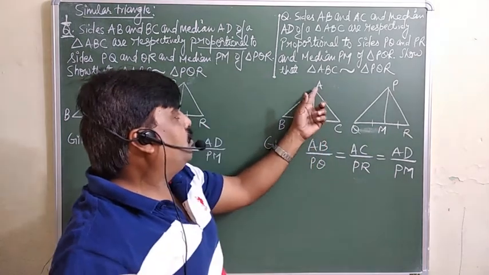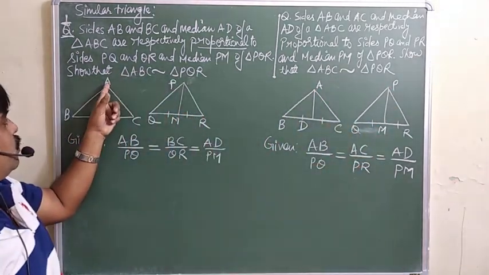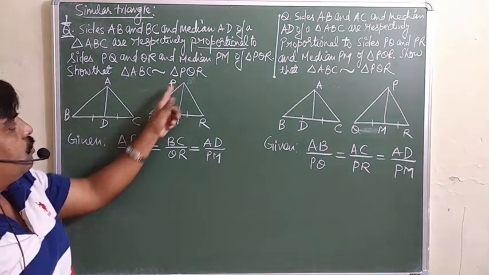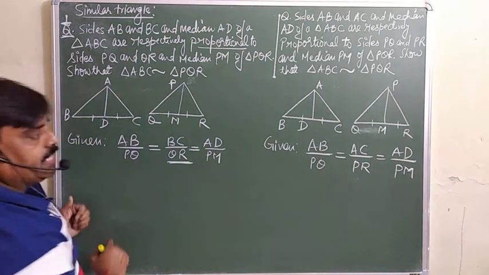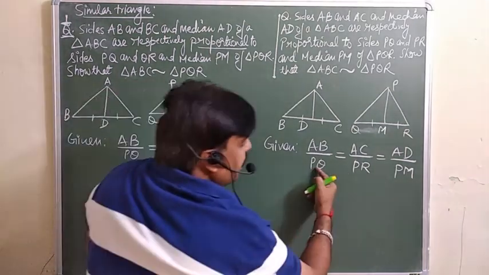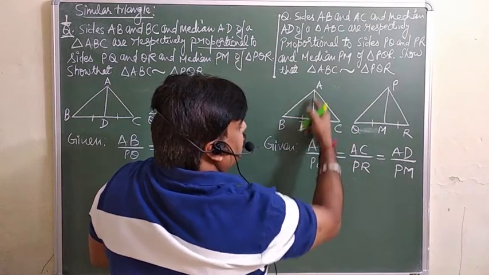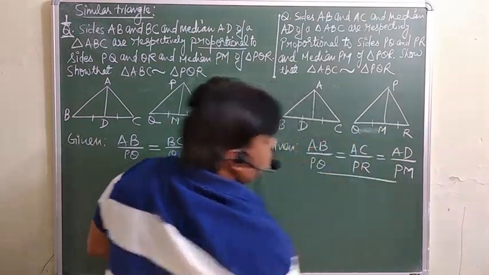We are supposed to prove that triangle ABC is similar to triangle PQR. Here also we want to prove triangle ABC similar to triangle PQR. The difference is that here one of the sides bisected by the medians is included, and there the side bisected by the medians is not included. This is the difference in these two questions.